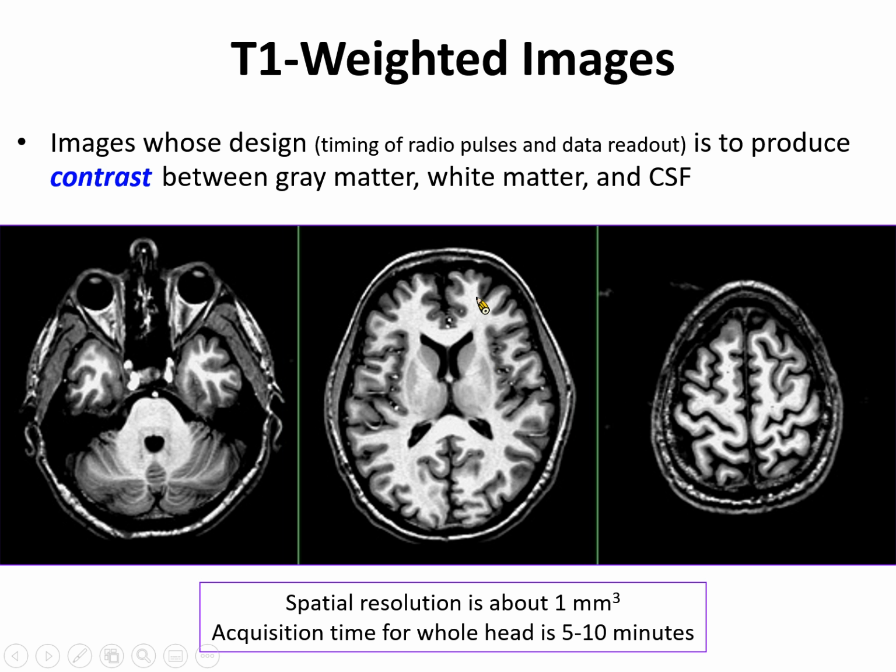And inside the brain, there are black regions, and black regions surrounding the brain. These are actually water fluids. We call this cerebral spinal fluid because these fluids connect to the cerebral ventricles and spinal cord.